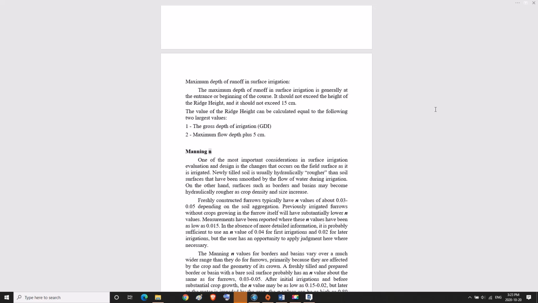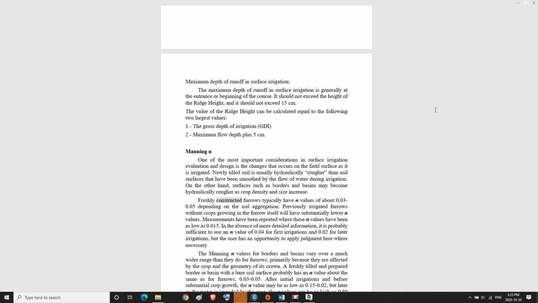Manning N. One of the most important considerations in surface irrigation evaluation and design is the changes that occur on the field surface as it is irrigated. Newly tilled soil is usually hydraulically rougher than soil surfaces that have been smoothed by the flow of water during irrigation. On the other hand, surfaces such as borders and basins may become hydraulically rougher as crop density and size increase.